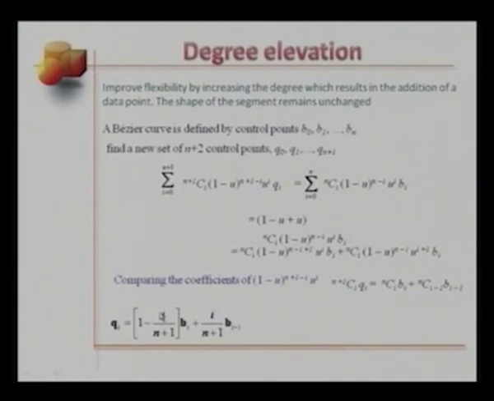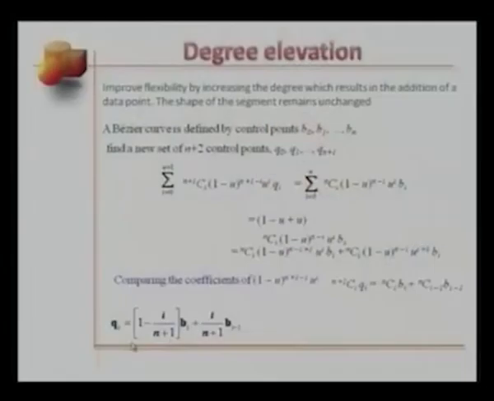Also notice that this term here, i over n plus 1, which is the same as this term, changes as we increase the index from 0 to eventually n plus 1. So like in case of Bezier segments, in repeated linear interpolations, we had held the parameter value constant, if you recall the de Casteljau algorithm.